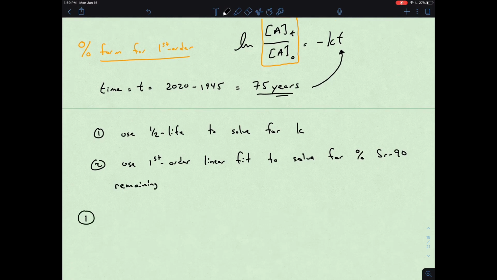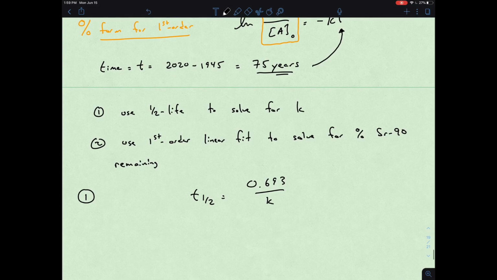So if we start with step 1, we're just looking at that half-life expression. We do know what the half-life is. It's 28.8 years.